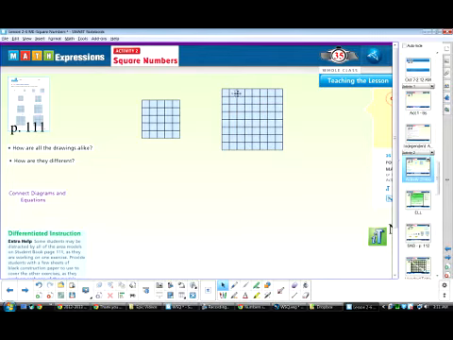Times 1, 2, 3, 4, 5, 6, 7, 8. So they're different sizes based on how many squares are in each square. They have more squares in this one, right? And fewer squares in this one. But they are both square. The shapes are both square, right?